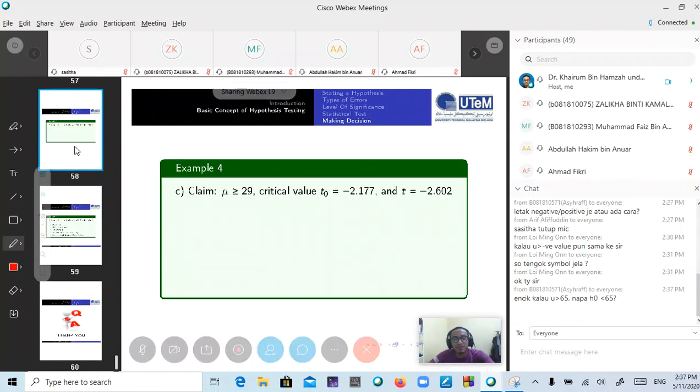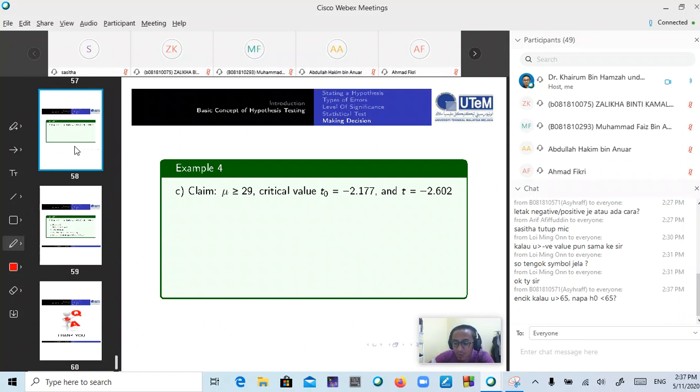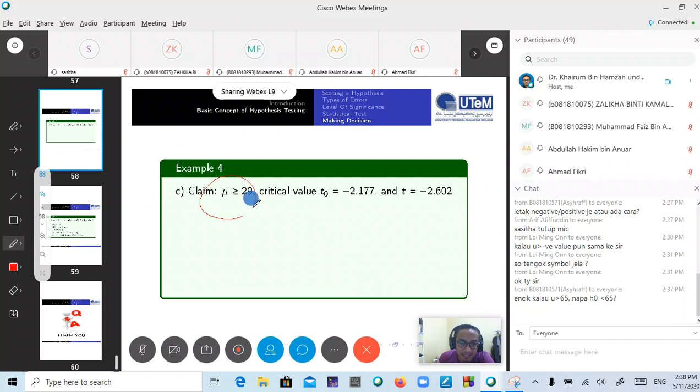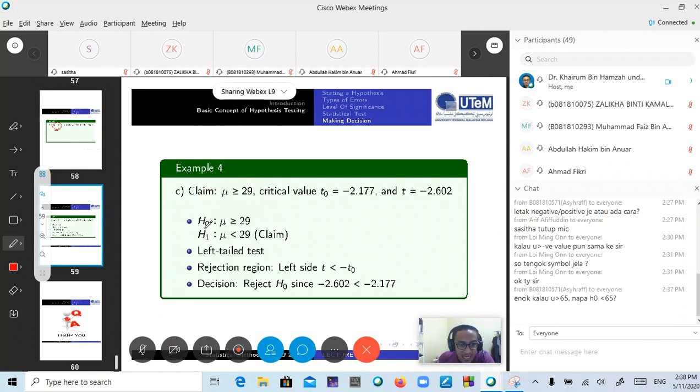Okay, also the same thing for question C. This one is for T test. Okay, this one is the same thing, greater than or equal to. So you put in the hypothesis testing, H naught and H1. So your H1 is less than, because this claim sits at H1. I made a mistake, H naught claim.